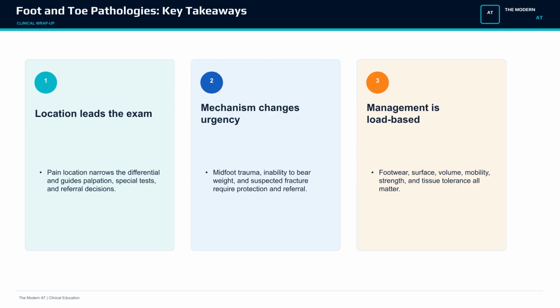Inability to bear weight, plantar ecchymosis, focal bony tenderness, suspected fracture, infection signs, and neurovascular changes should shift the plan toward protection and referral. Management is load-based. Footwear, surface, volume, mobility, strength, gait, tissue tolerance, and medical history all matter. We are not just naming diagnoses, we are making safe decisions.